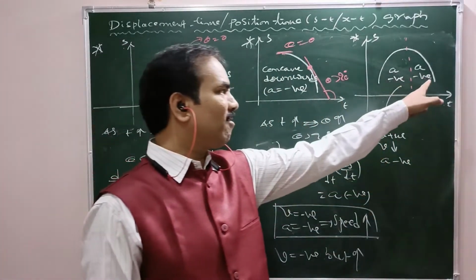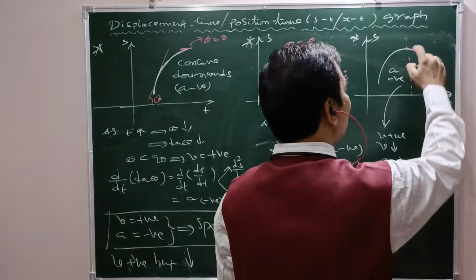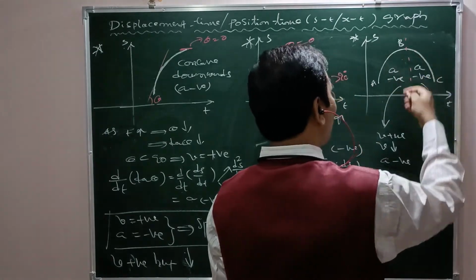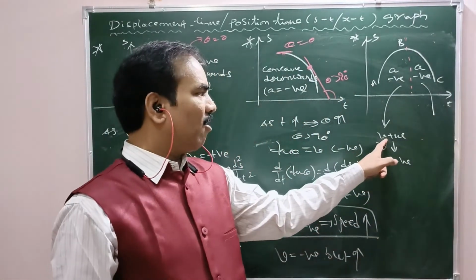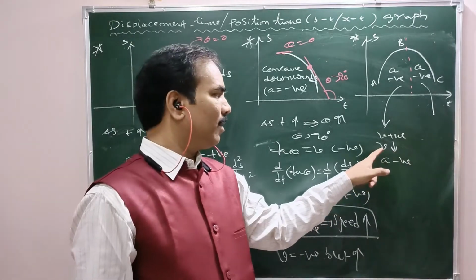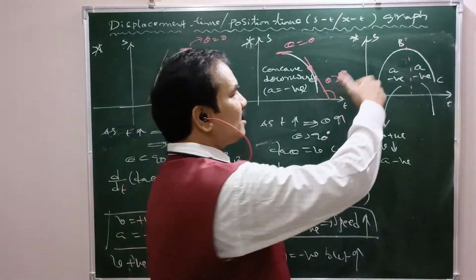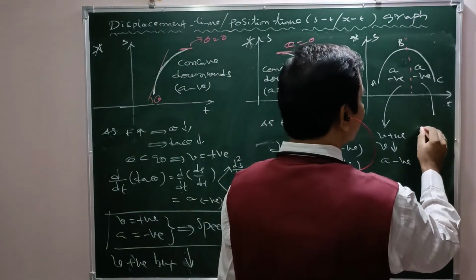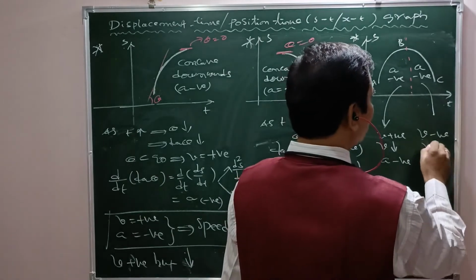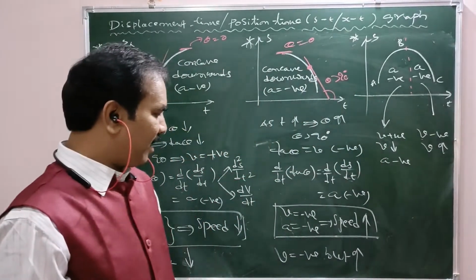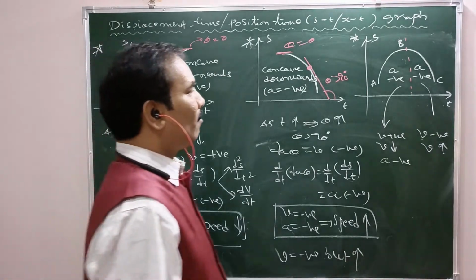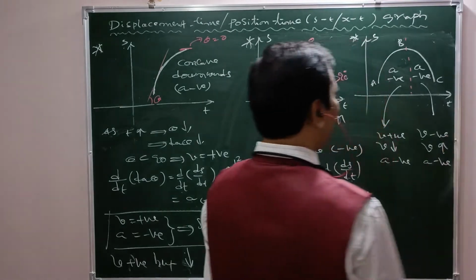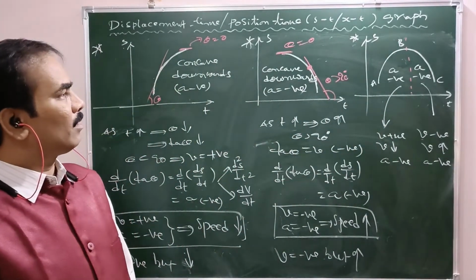Say this is A, this is B, this is C. For AB, velocity is positive but decreasing, and acceleration is negative. For the rest of the portion, from B to C, velocity is negative but increasing. What about acceleration? In both the halves, acceleration is negative only.